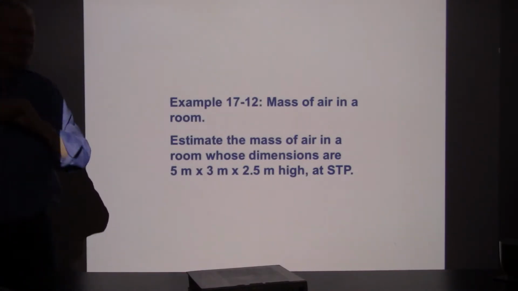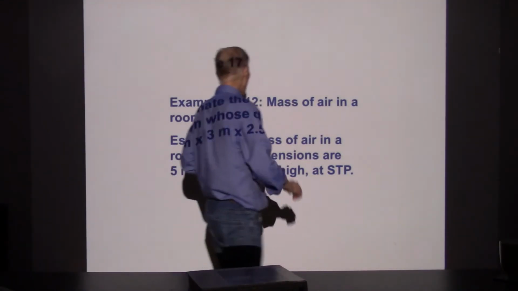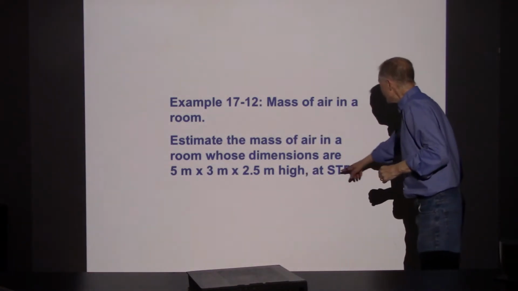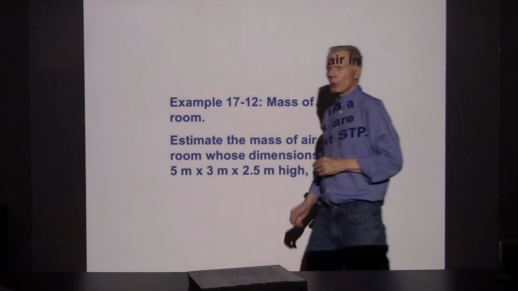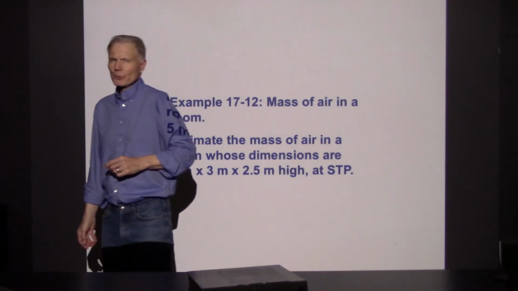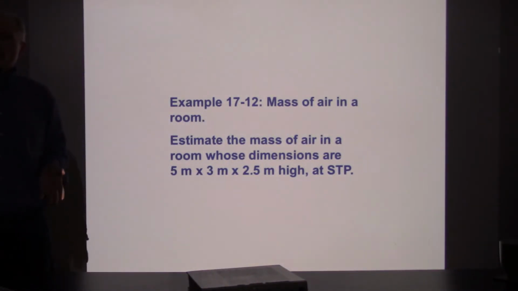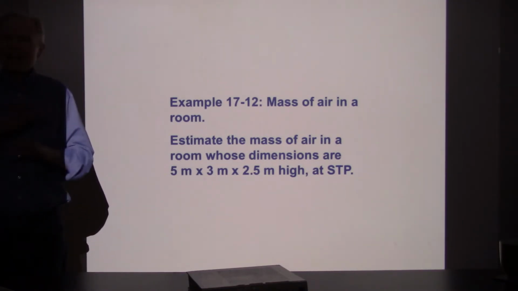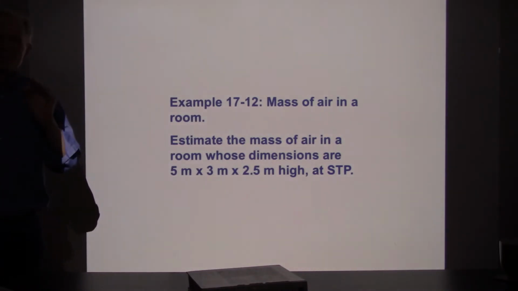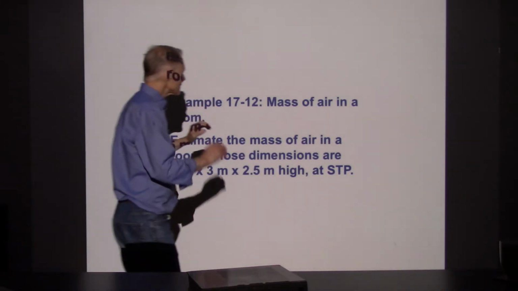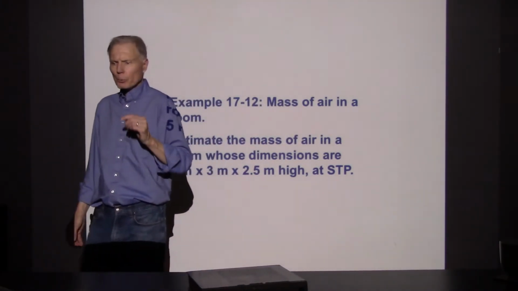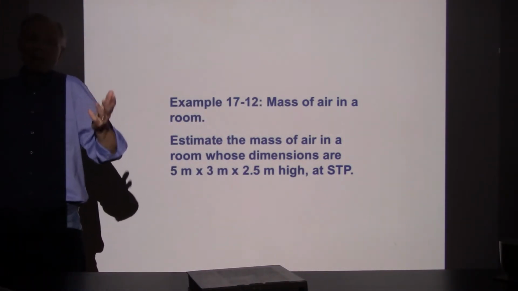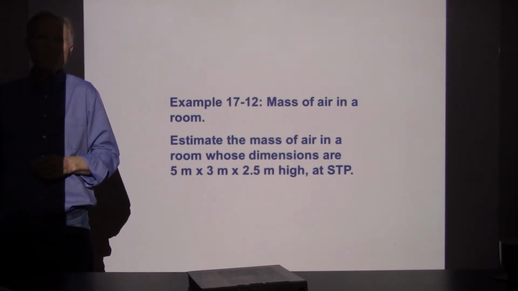Now, okay, this is where I draw the line. I can't go along with this. They want us to calculate the mass of the air at standard temperature and pressure. I don't like standard temperature and pressure. Standard pressure is 1 atmosphere, and I like 1 atmosphere a lot.